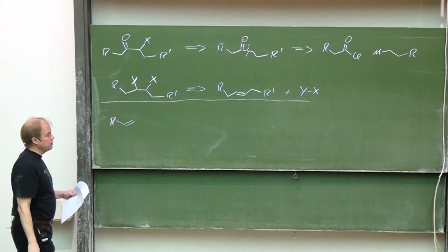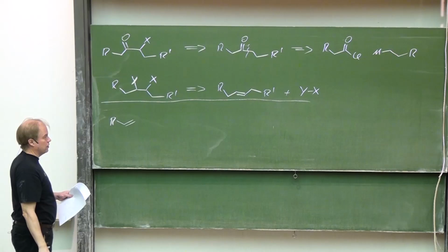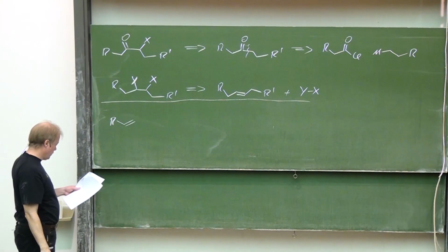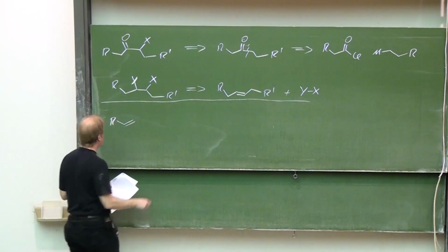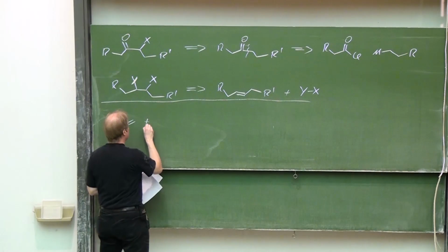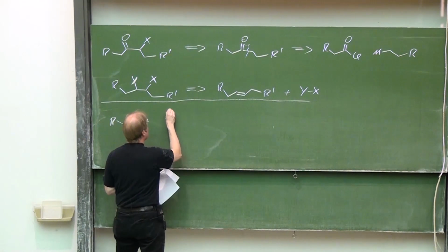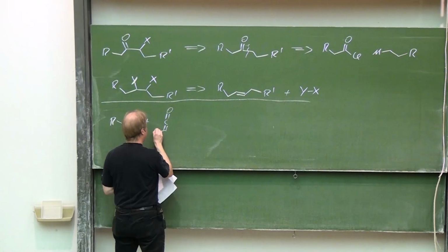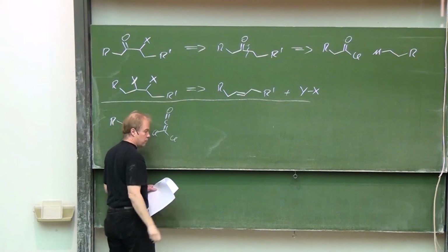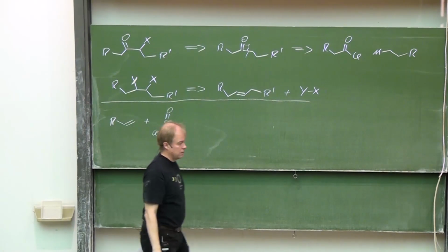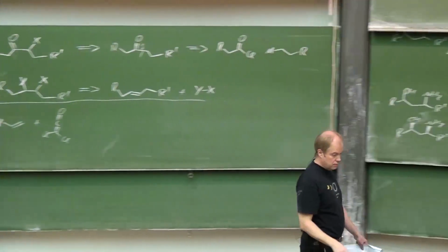One more idea for setting up a 1,4 relationship between functional groups. Olefin plus dichloroketene.